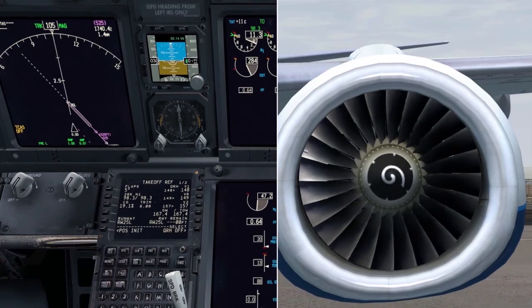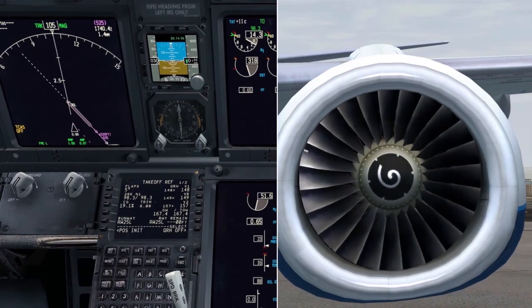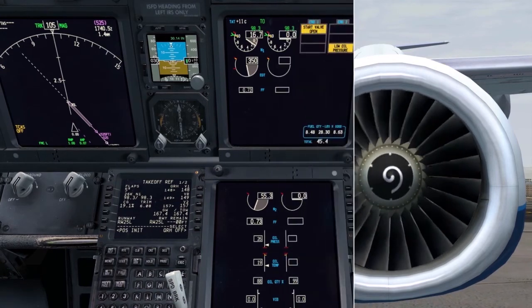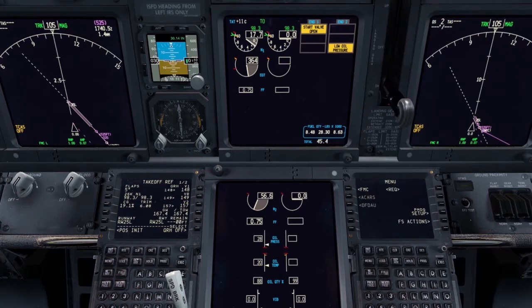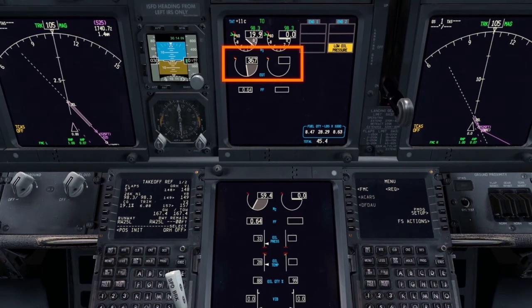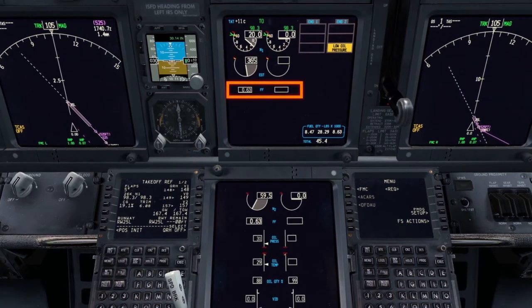This air is provided by an engine start cart on the ground, an APU, or air pressure from another engine, assuming it's already running. As N2 revolutions per minute increase, all engine instruments must be monitored. However, special attention has to be given to N1, N2, EGT, fuel flow, and oil pressure.